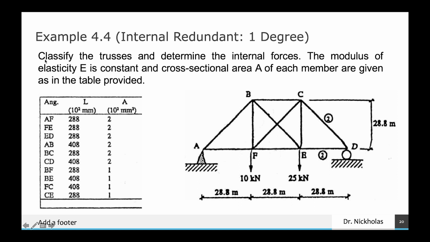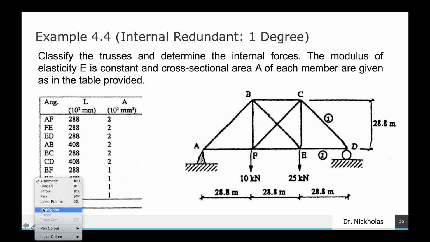Classifying the truss means determining whether it is externally determinate or indeterminate, or internally determinate or indeterminate. Given that the modulus of elasticity E is constant for all the members, the cross-sectional area A for each of the members is provided in the table here.